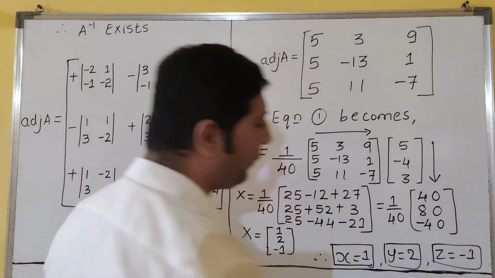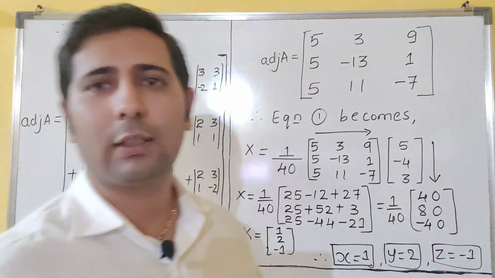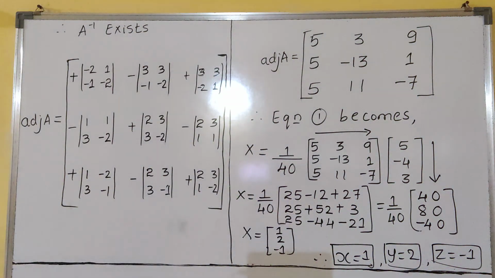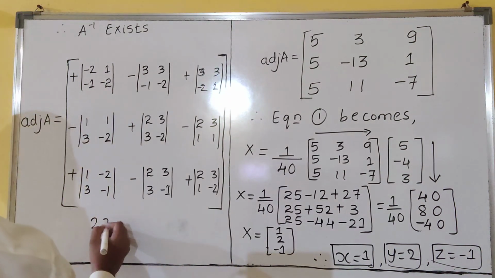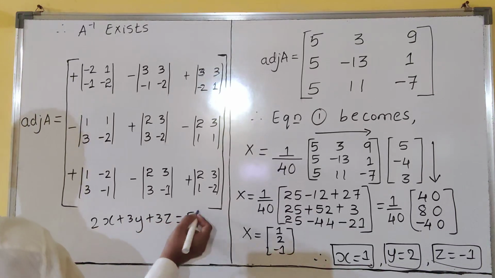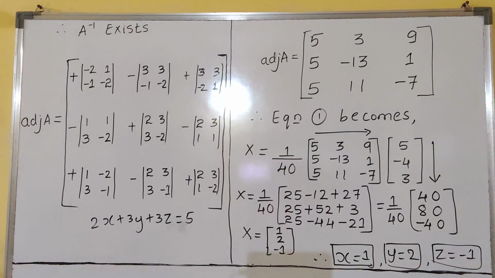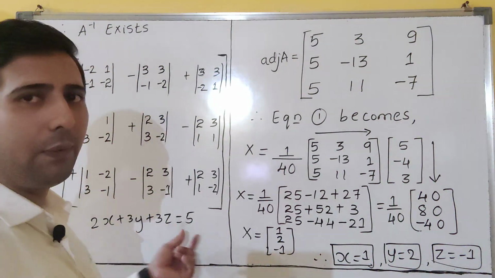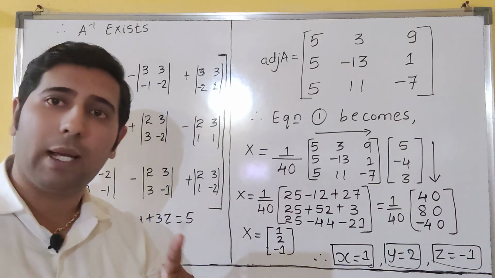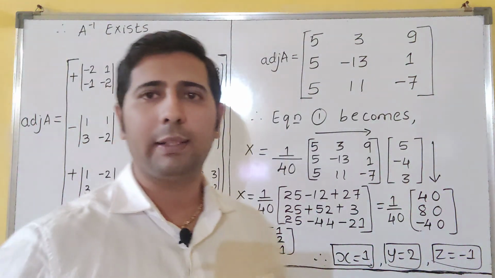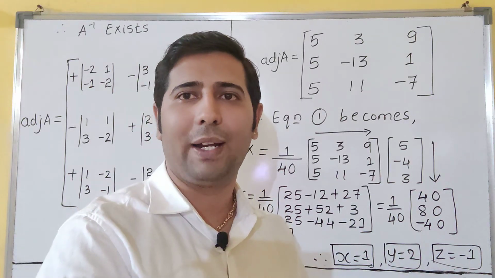And I have told you, if you want to verify whether this is correct or wrong, you put the values in an equation. One equation we have taken is 2x plus 3y plus 3z equals 5. This is what we have to get. If you substitute these values, we have to get the answer 5. If it is not giving 5, it is 100% wrong. So let us check. In the exam I have seen many of you ask your friends.